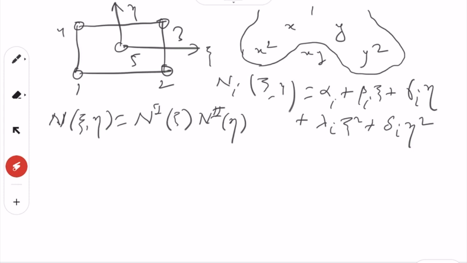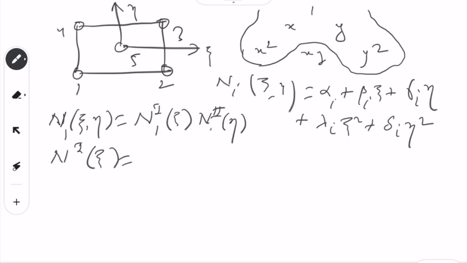So you can construct it this way, that in one direction you have this and this, you multiply them together, or here and here it has to be. So basically what I mean to say, you can construct N1(xi), let us say talking about node 1.